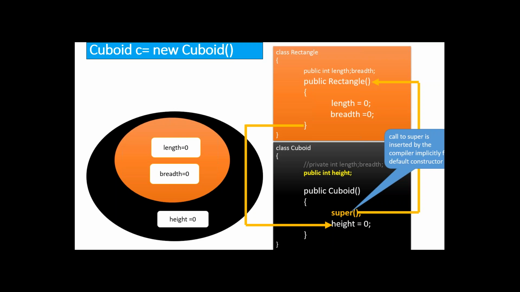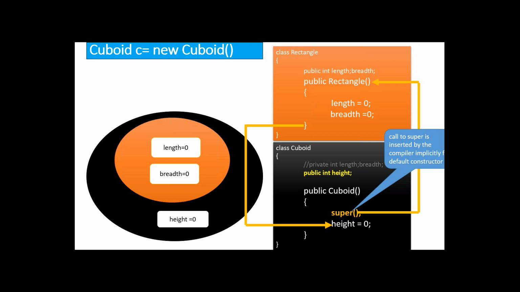When it comes to object creation, each class is responsible for creating its own object, even though it is inherited. So, Manjil, when you see super, it will make a call to your parent class.